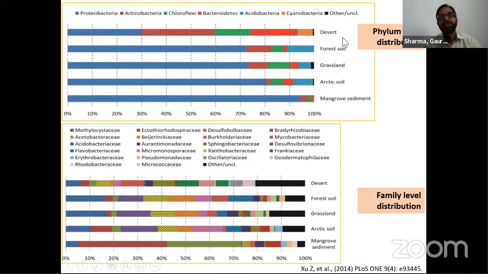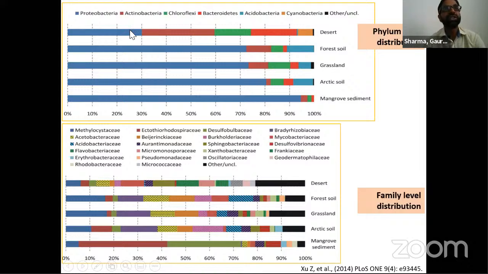As you can see, these are just some representations from different studies. This is phylum level diversity in different soil samples. Let's say this is desert, this is forest soil, this is grassland, this is arctic, and this is mangrove. If you look at the desert one, in desert we have a lot of Actinobacteria, but the abundance of Actinobacteria in the other samples is quite low.